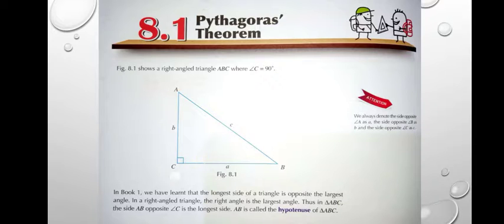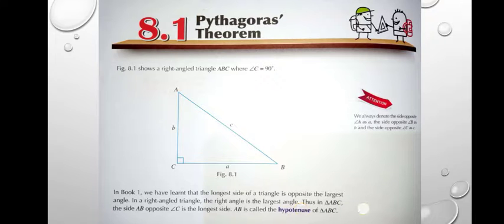So if this one is already 90, then the other remaining angles are 90 degrees in total, right? 90 plus 90. So it is safe to say that the other angles will always be smaller than 90 degrees.